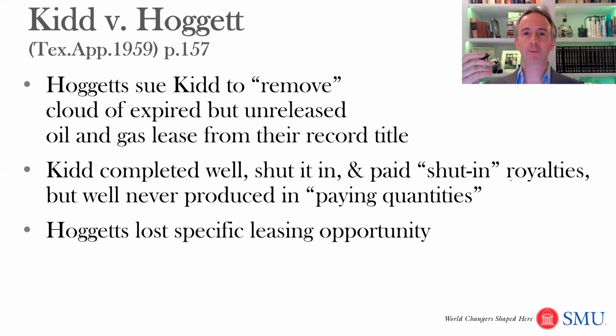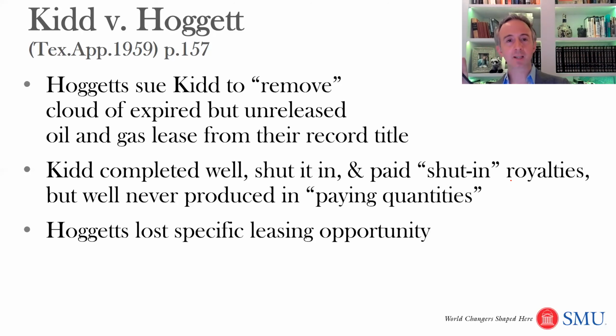And the Hoggets were able to show evidence that companies were desperate for natural gas, and Kidd never sold it to them. Well, what was the reason? Because it was never really producing more than just a tiny amount of natural gas. It was never producing in paying quantities.